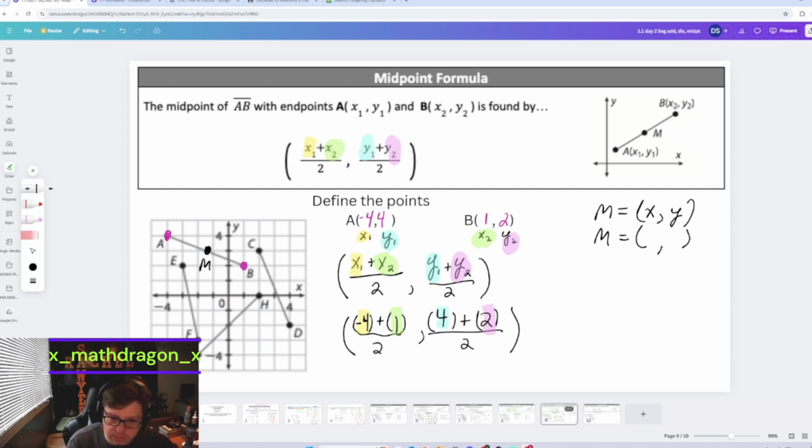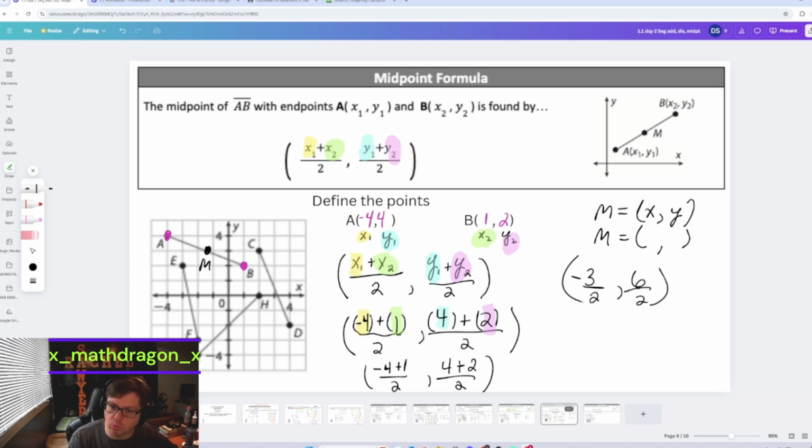Combine like terms, or we can rewrite it as -4 plus 1 divided by 2, and then 4 plus 2 divided by 2. We're just cleaning it up so it looks nice and neat. And I'm going to get -3 over 2, and I'm going to get 6 over 2. One of these is going to be a nice clean 3, but the other one's going to be a -1.5.